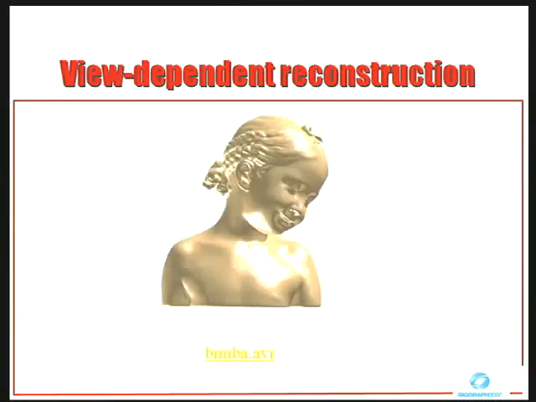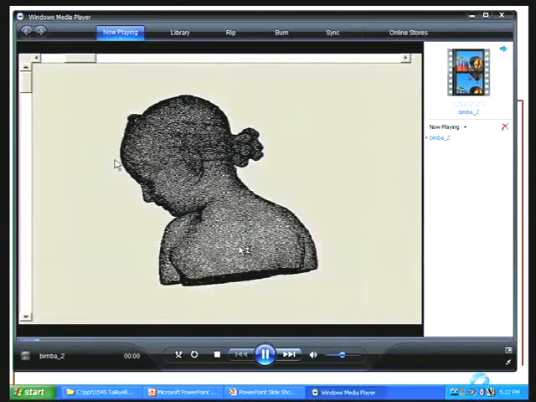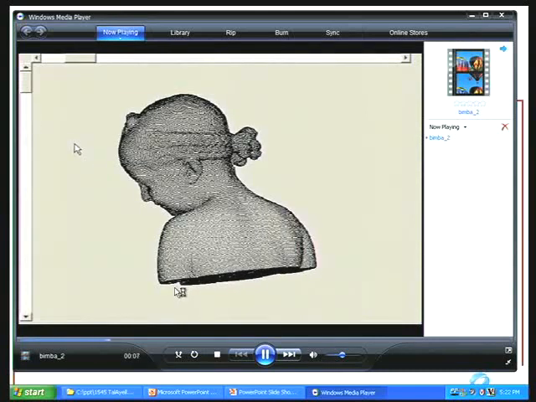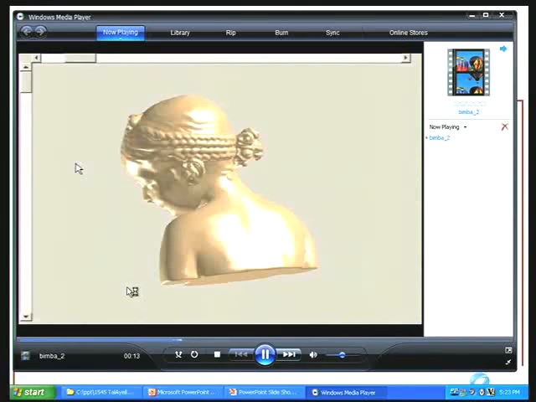And just to illustrate what we mean by view-dependent reconstruction, let me show you a short illustration. So this is the input point cloud of Bimba, and this is what we get after we apply our operator. And now we're going to apply this view-dependent reconstruction. So this is Bimba after reconstruction.